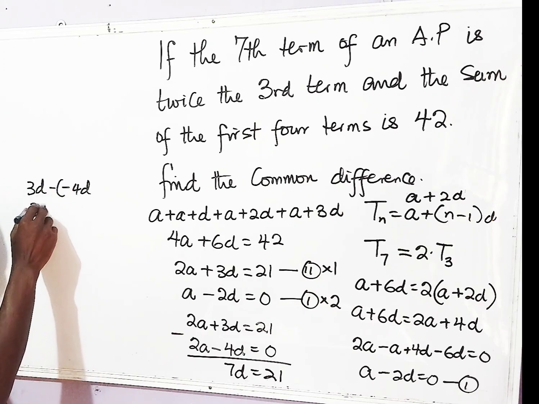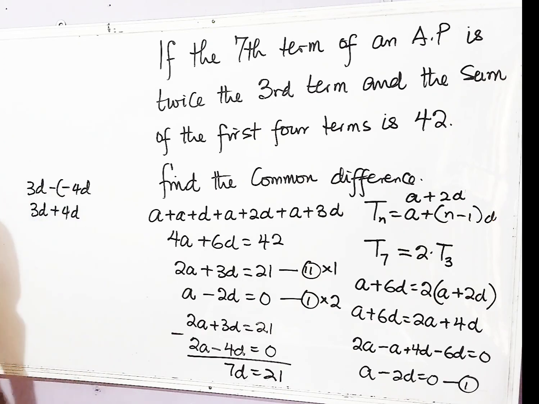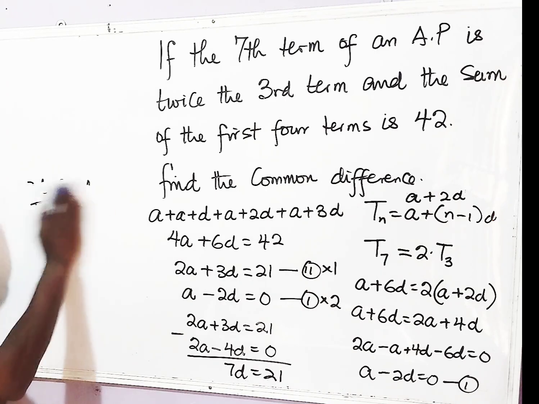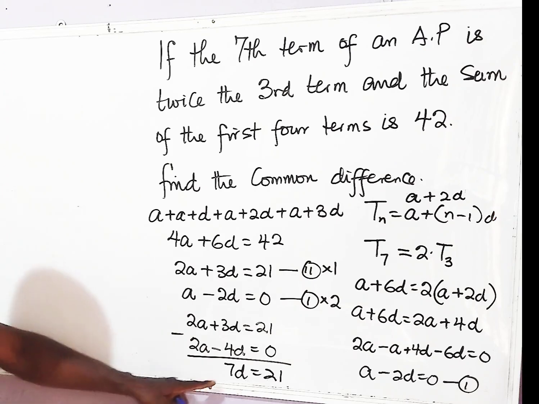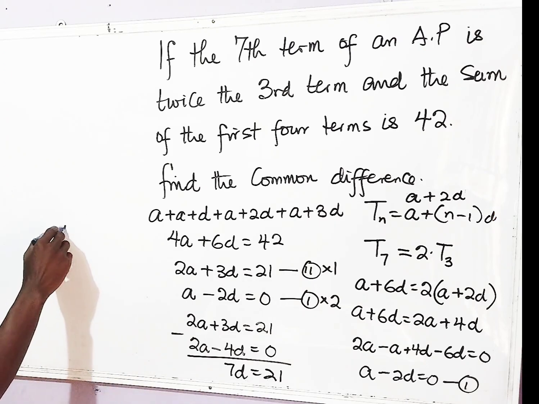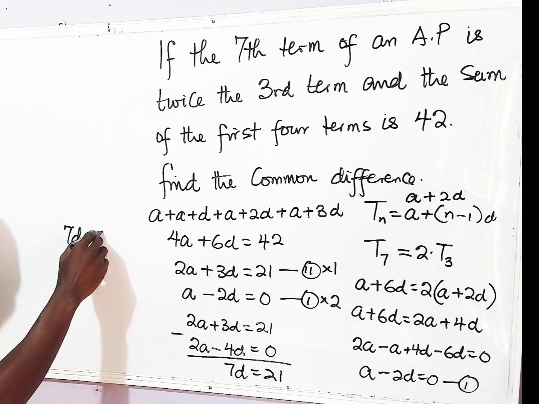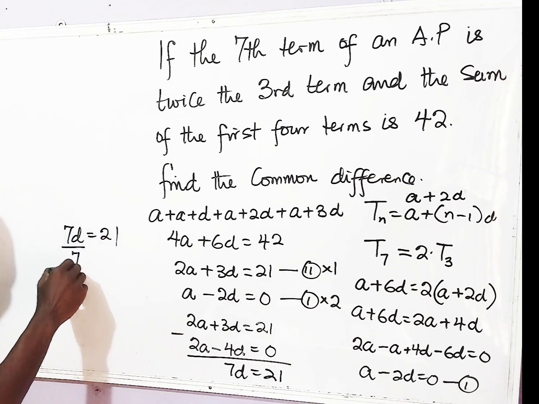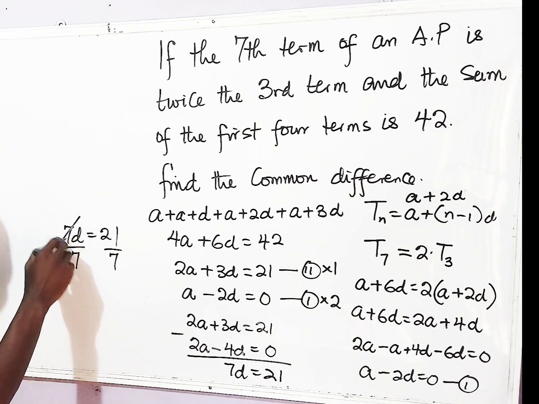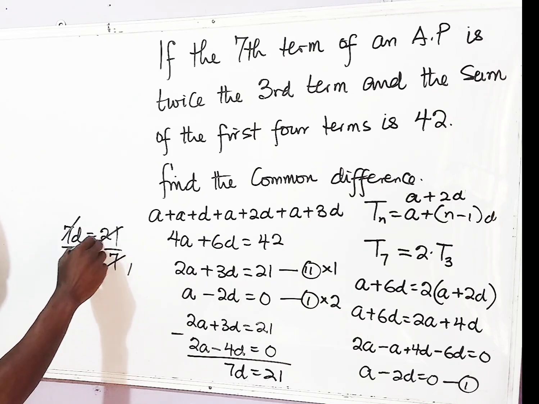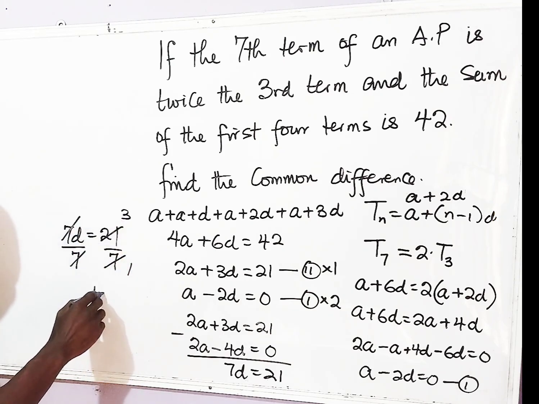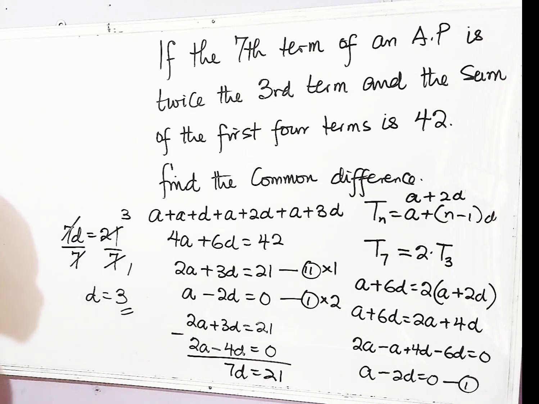So here you have 3d then plus 4d, giving us 7d. And here we now have that 7d equals 21. Divide both sides by 7. This clears off this. 7 here 1, 7 here 3. So our d, which is our common difference, equals 3.